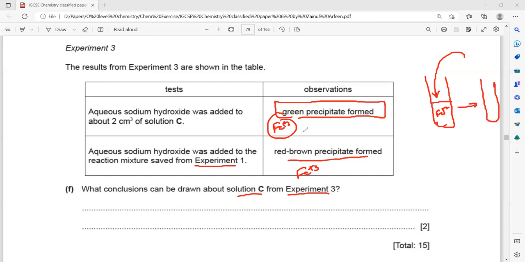You can mention chromium, but if it was chromium, the precipitate wouldn't change color. Usually, if it is green, you mention iron 2 or chromium.